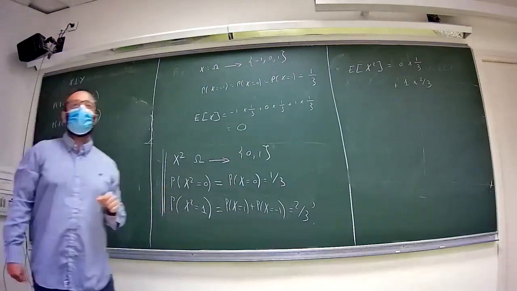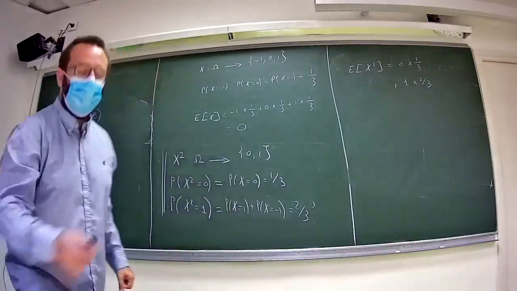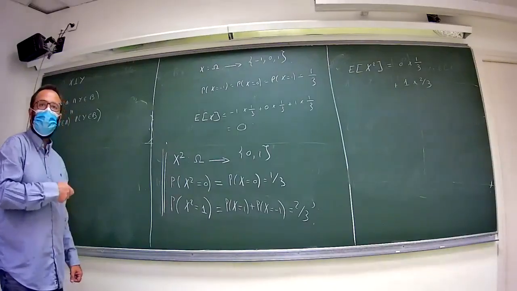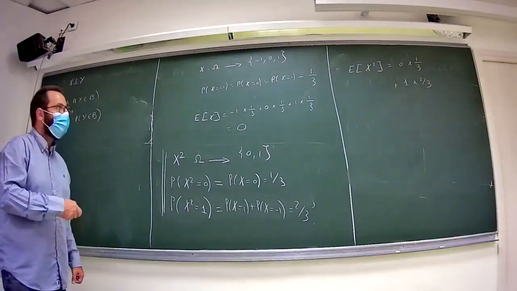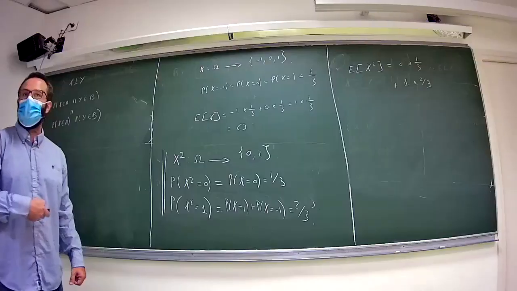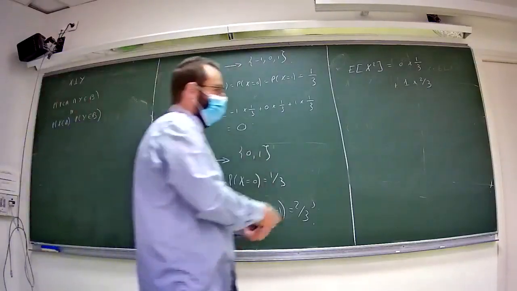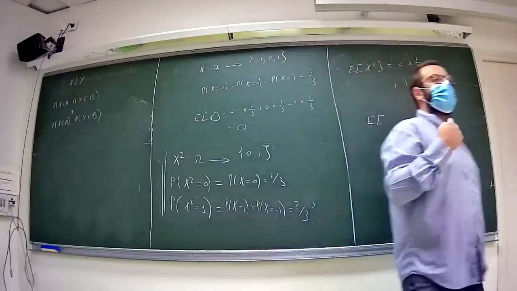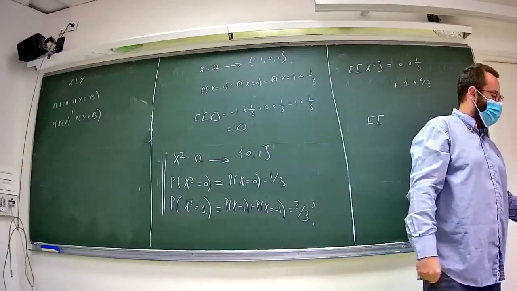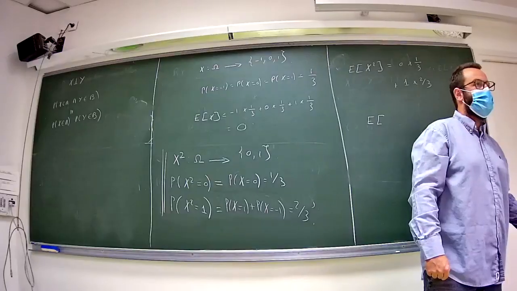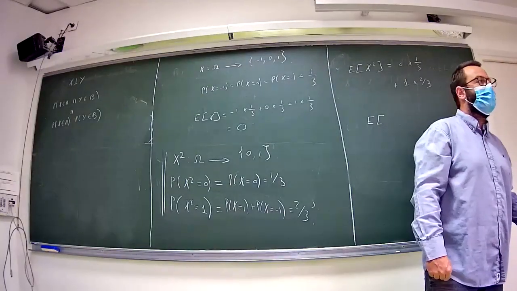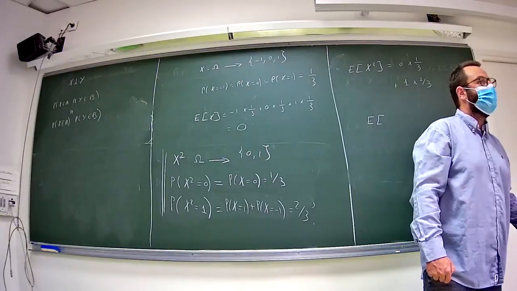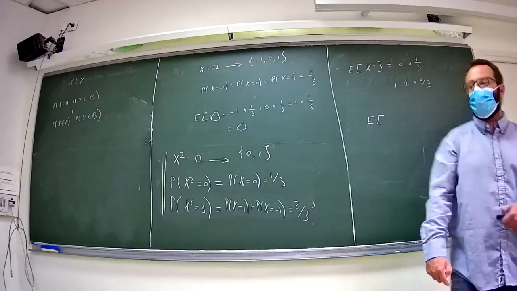But what is the meaning of this formula? It is not necessary to do this each time, because I have a general formula to obtain the same thing. The formula tells me that if I know the distribution of X, I will be able to compute the expectation of g of X only knowing the distribution of X, meaning that it's not necessary for me to find the distribution of g of X, as I have done here.